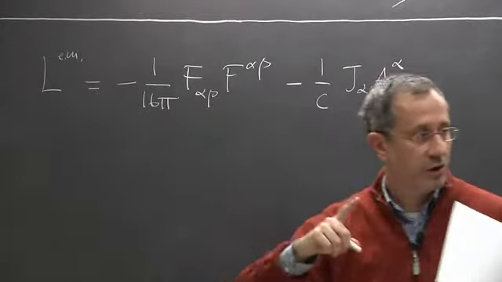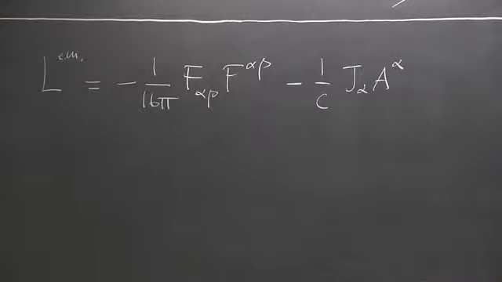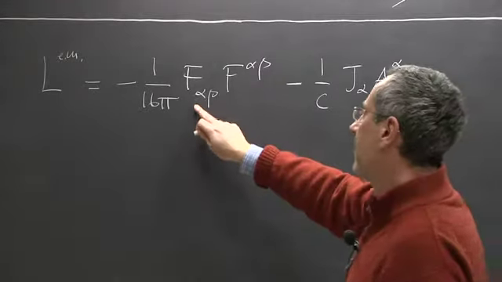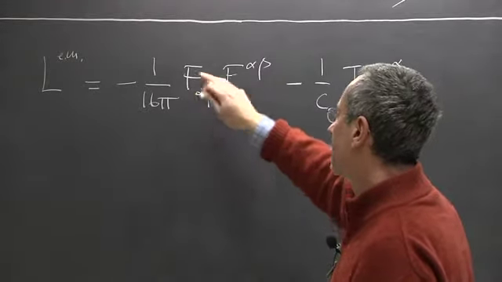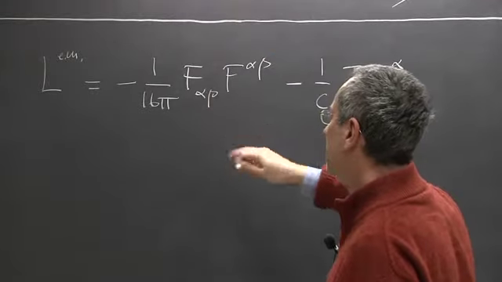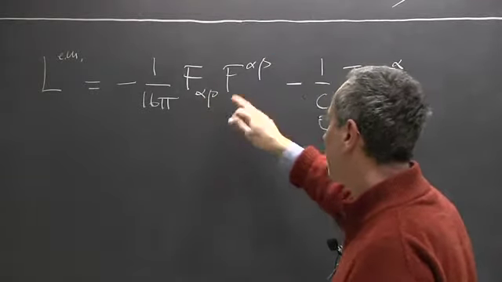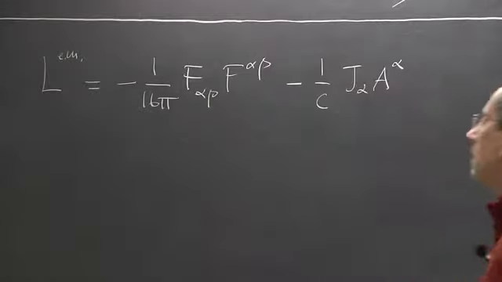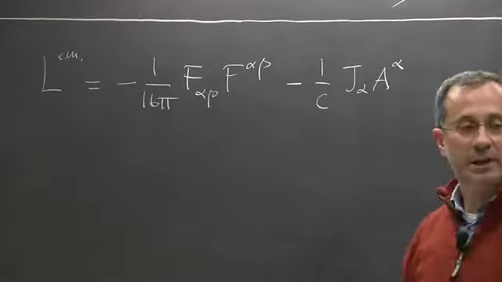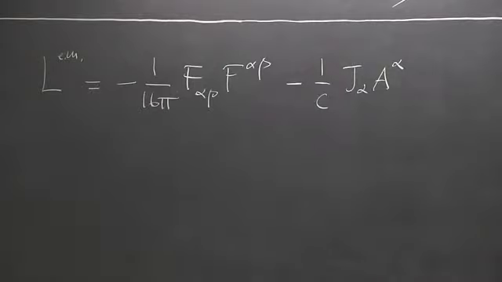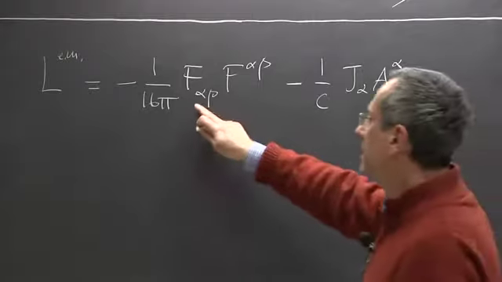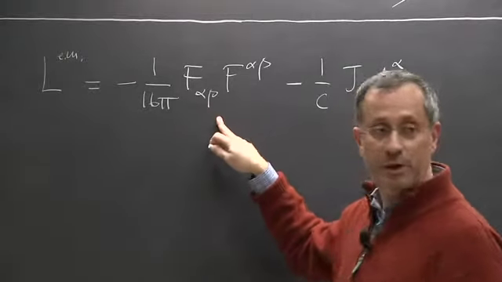So you take the two matrices that we defined for the field strength tensor, F alpha beta, with the E field and the magnetic field, and you take this sort of contraction of both. And you will see this is essentially the E field squared minus the B field squared.